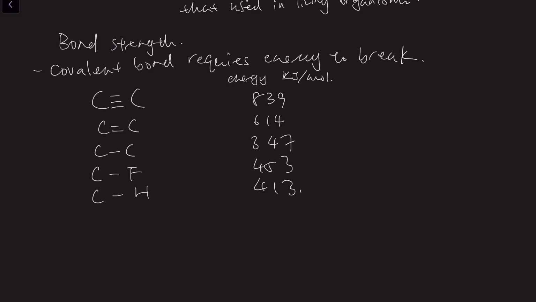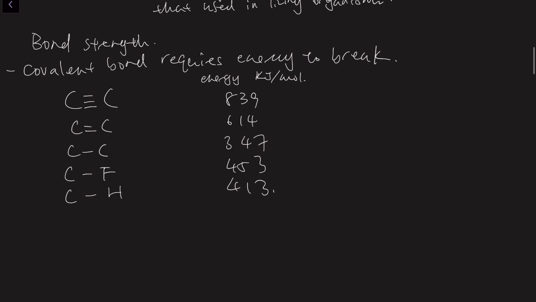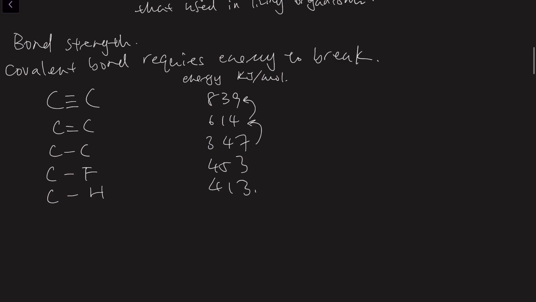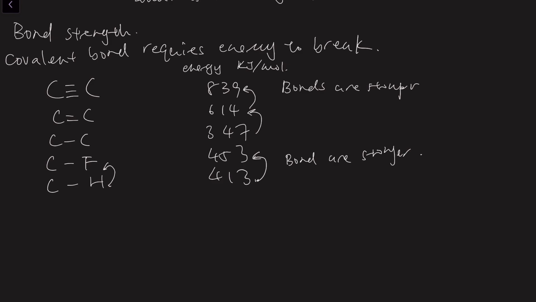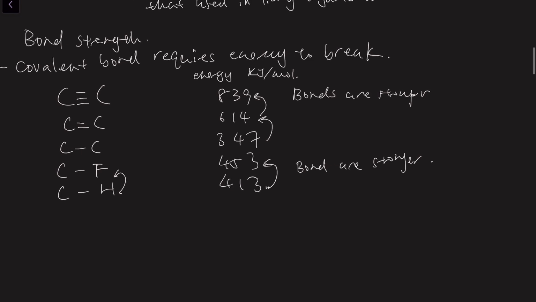So there are some interesting trends here. As we move from single bond to double bond to triple bond, we can see that the bonds are stronger. And as we move from something less electronegative, such as hydrogen, to something more electronegative, such as fluorine, we also have stronger bonds. But this has some unexpected additional properties.